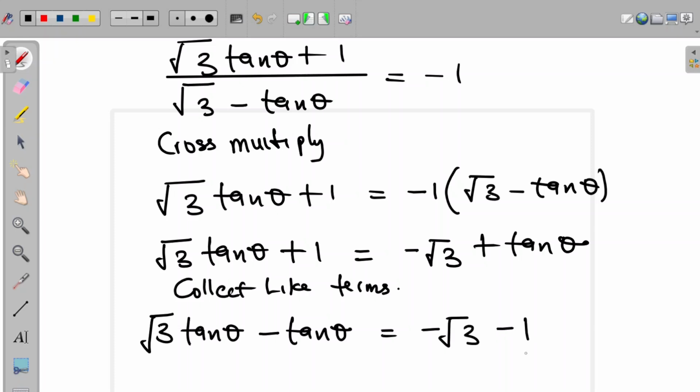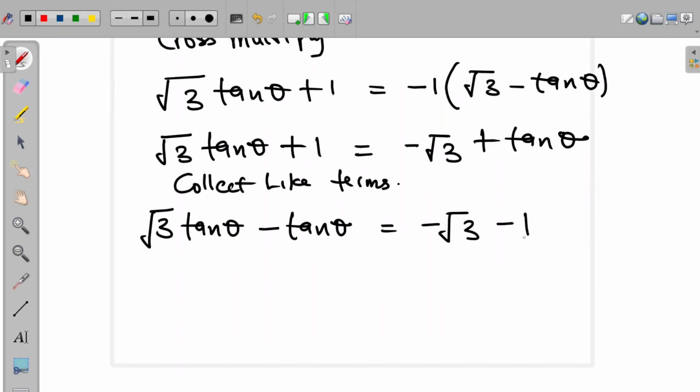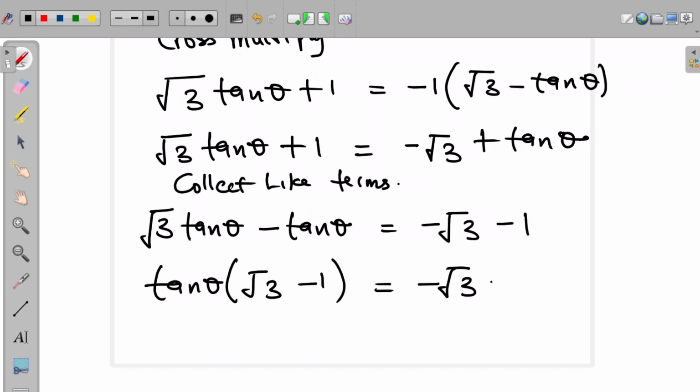So from the left hand side, we can factor out tan theta. Thus, our equation becomes tan theta multiplied by (root 3 minus 1) equal to minus root 3 minus 1.